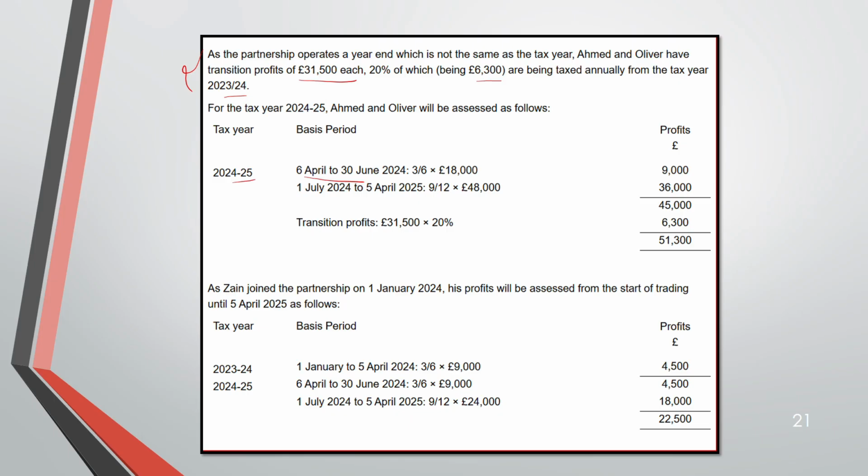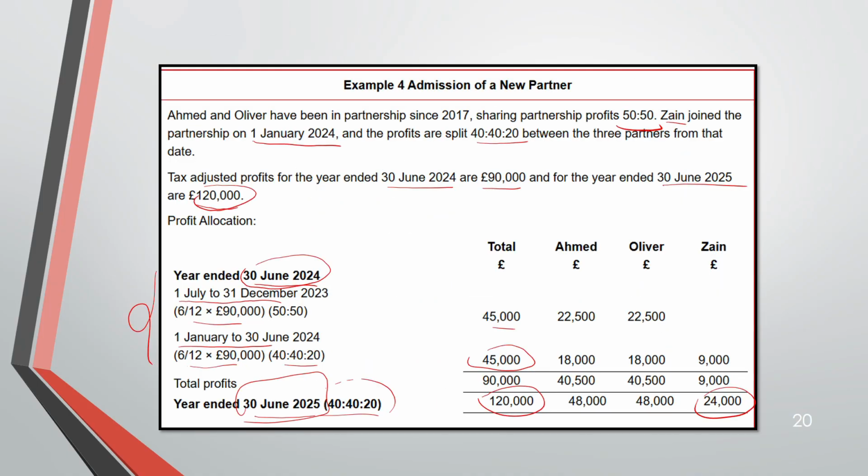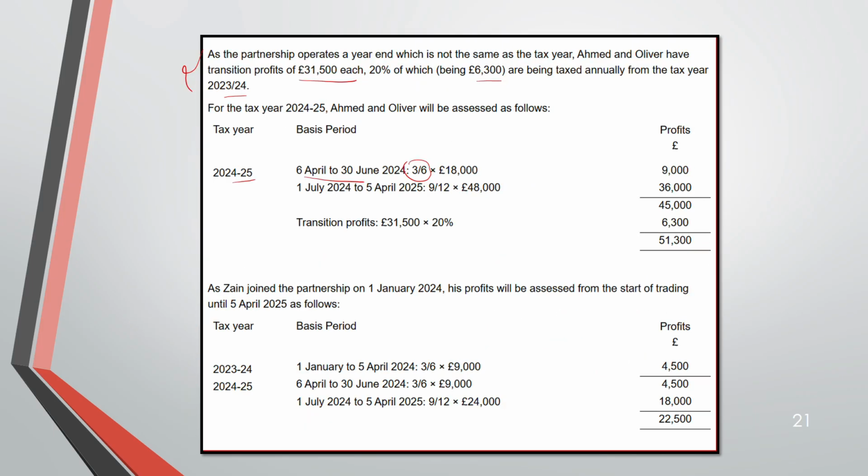But it is out of 6 months. Because it starts from Jan to June is 6 months, but from April to June, inside that, 3 months of what? If you see, 18,000. You are taking Ahmed's. Ahmed's profit is 18,000.